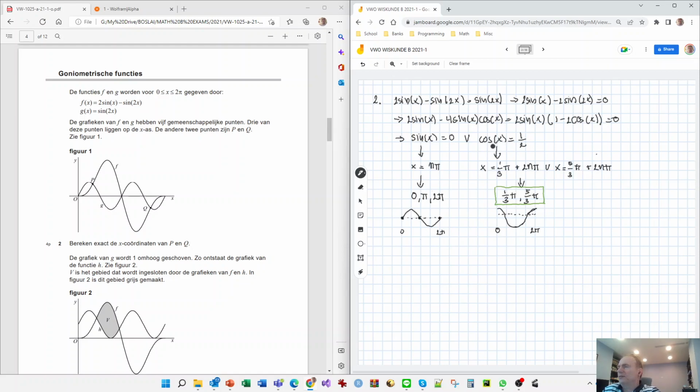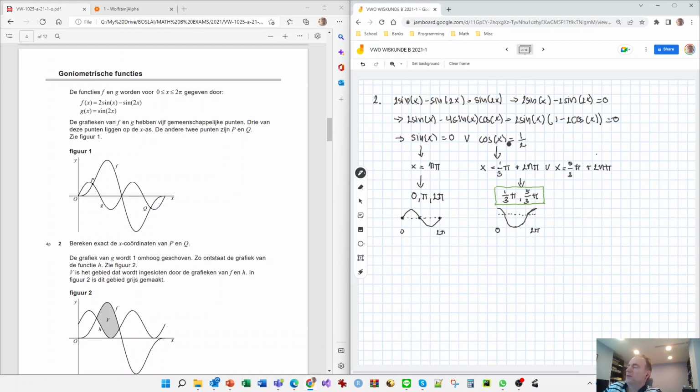Also, if there's some factor in front of x, or some x plus something. Well, when is the cosine x equal to 1/2? It's either at 1/3 pi modulus 2n pi, or 5/3 pi modulus 2n pi.